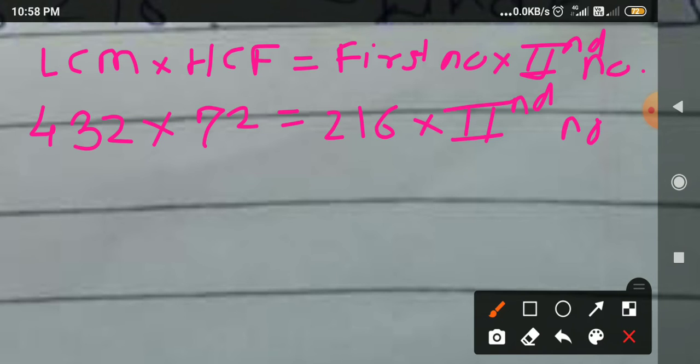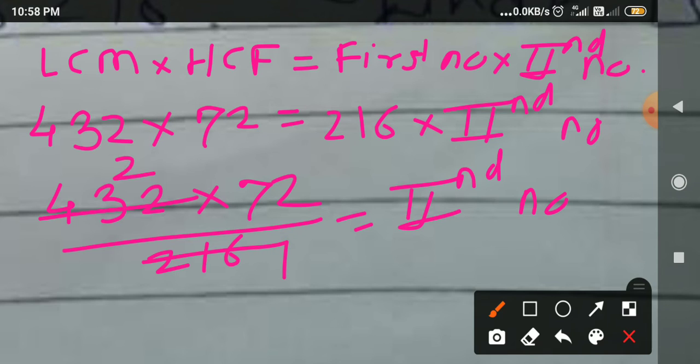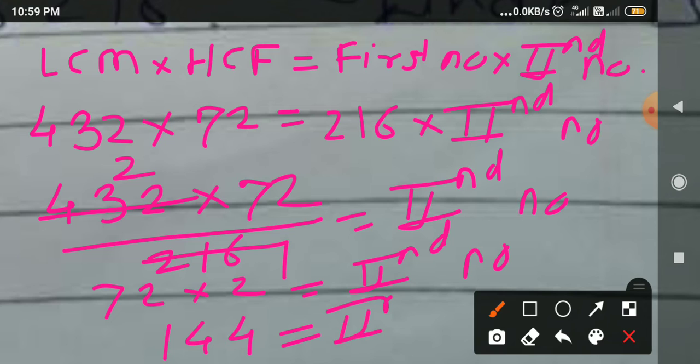Just follow the mathematical rules. 432 into 72 upon 216 is equal to the second number. 216 ones are 216, 216 twos are 432, and here remains 72 into 2 is equal to the second number. 72 twos are 144, the second number.